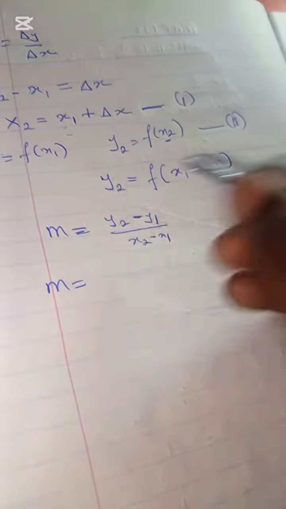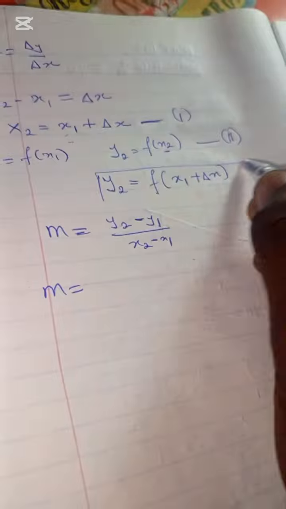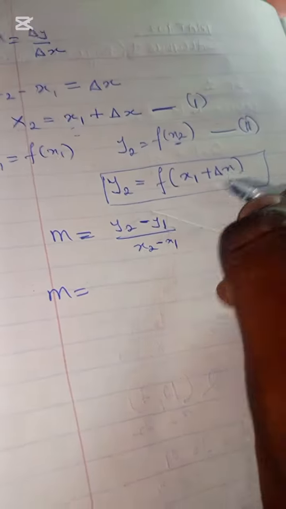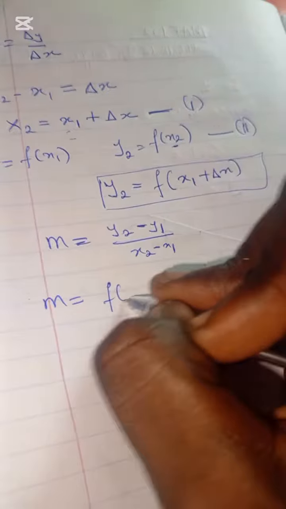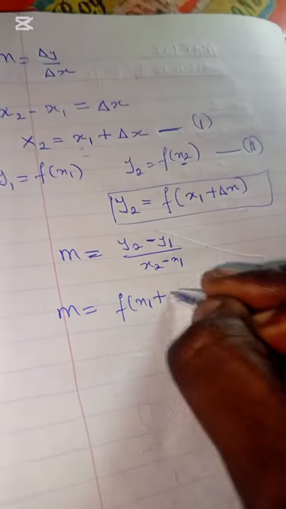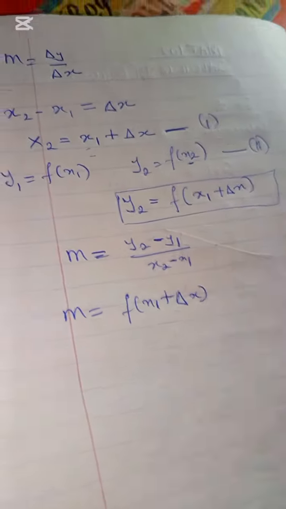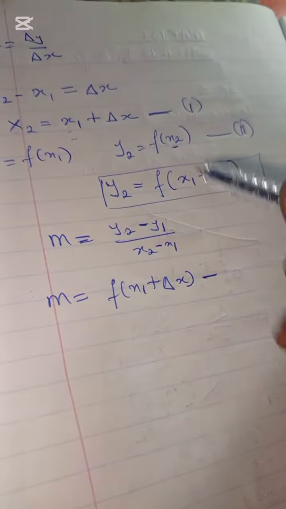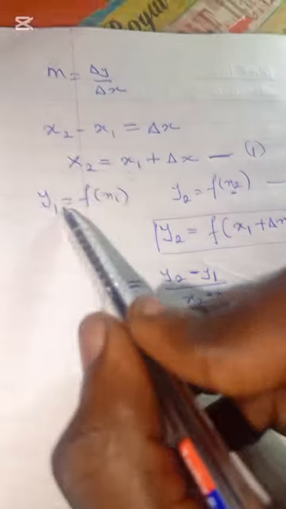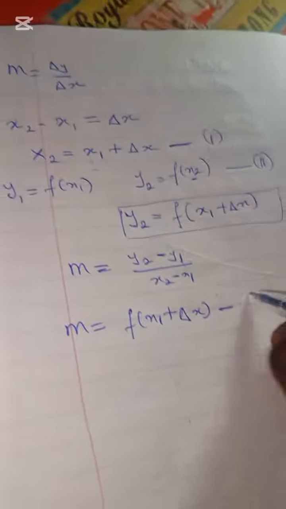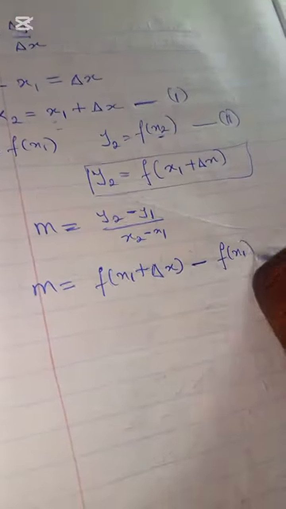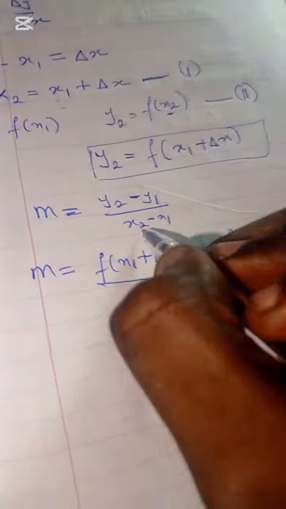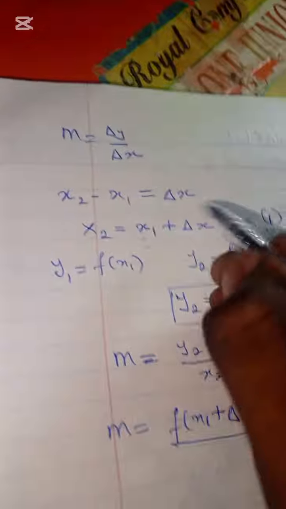Instead of writing y2, write f of x1 plus change in x, minus y1, which is f of x1, divided by, remember from the beginning, x2 minus x1 is change in x.